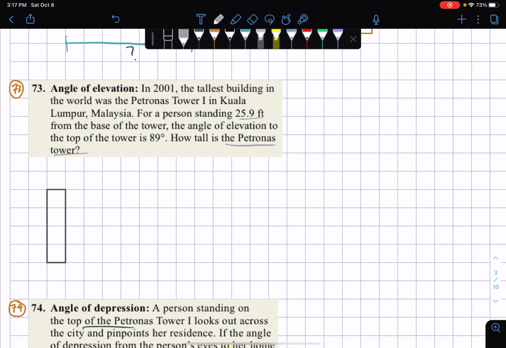And so what we're given is person is standing 25.9 feet from the base of the tower. Alright, I think I'm getting this. Let's assume that this is a person right here, and distance of 25.9 feet refers to this one.